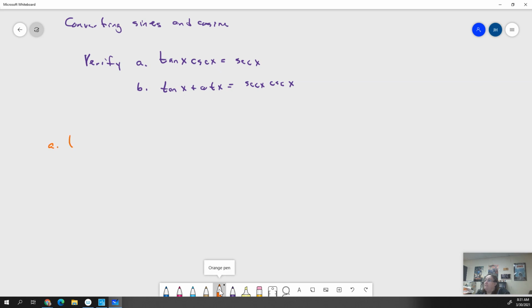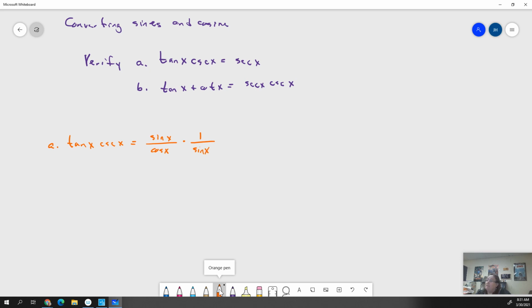So if we look at part A, we've got tangent of x times cosecant of x, right? And we need it to be secant of x. Well, when I look at this, automatically I know that tangent of x is sine of x over cosine of x. And cosecant is 1 over sine of x, right?